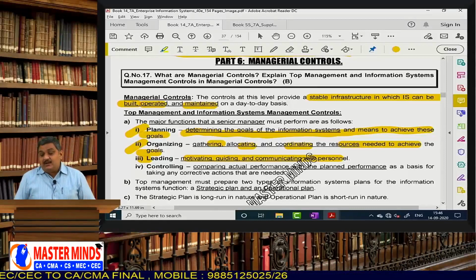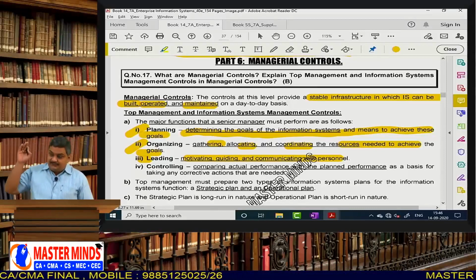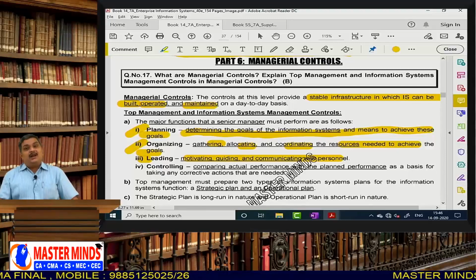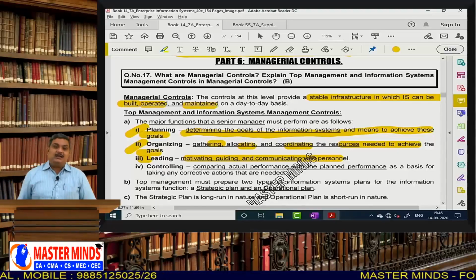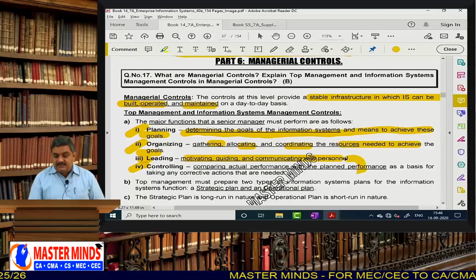So that's why all the information systems have to be planned properly and done properly, and everything should be done in the given time frame. So that is what controlling is again. So this controlling and leading happen at the same time.